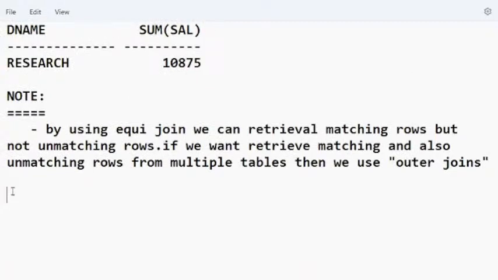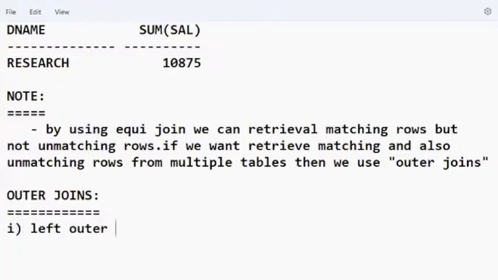Now come out and see. Now take outer joins. How many outer joins are there here? How many types? 3 types. What is the first one? Left outer join. Now take left outer join. What will it do here?